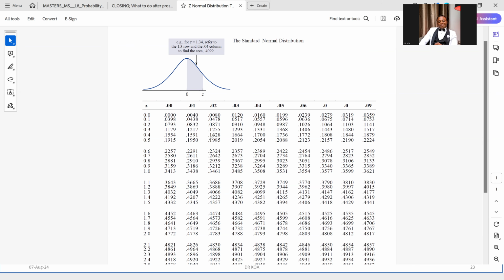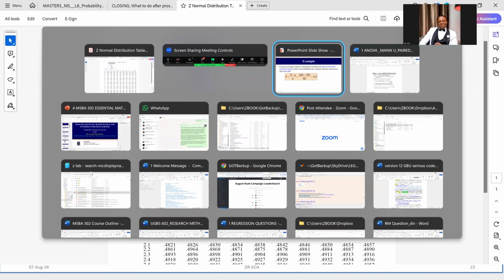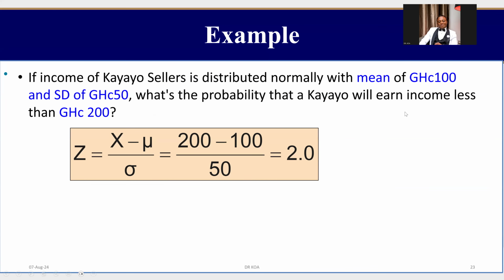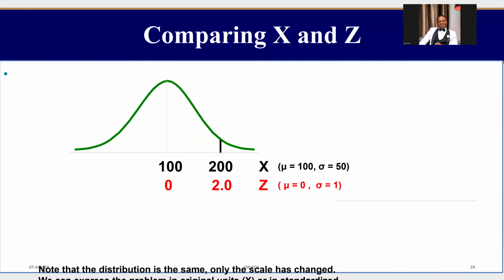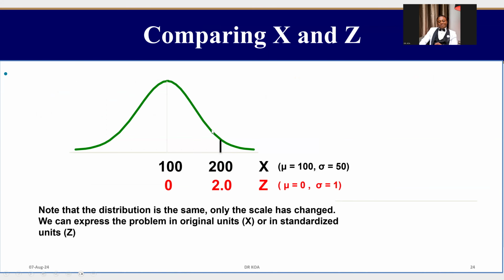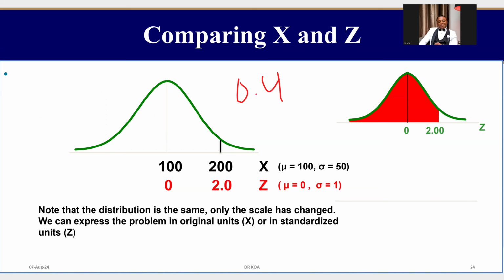So we have gotten the probability to be 0.4772. Now, how do you write it? Well, you have to understand what the question was saying. It says less than. So what we have actually found is this area, the B area. And what was the value that we found? 0.4772. But is that all?